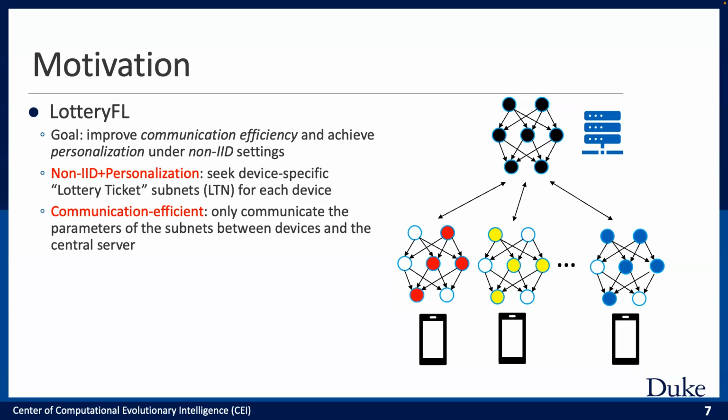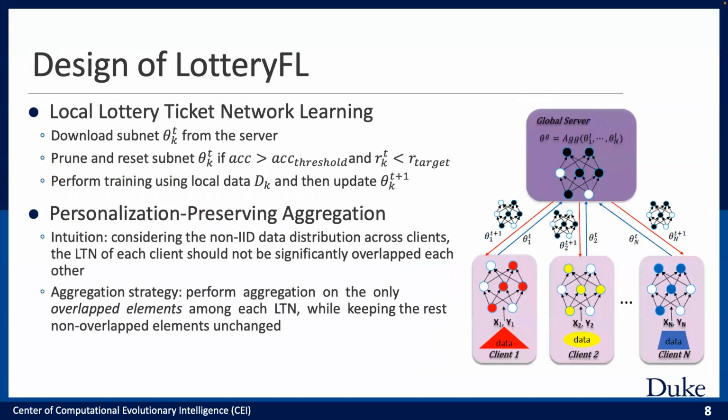So this sounds very beautiful, but the issue is how we train a neural network like this, and also identify the lottery ticket network to represent the different devices. Here's one example. We create a local lottery ticket network learning process to download the subset from the server and identify it.